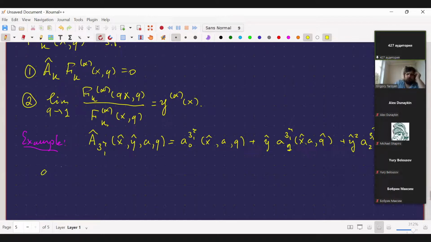Now each of these individual monomials can be represented like this.